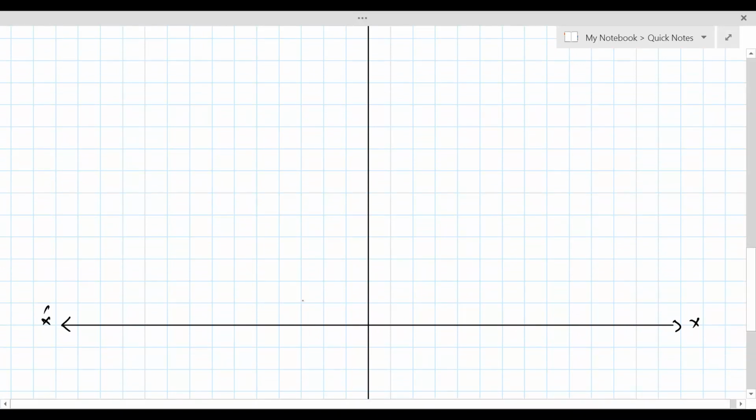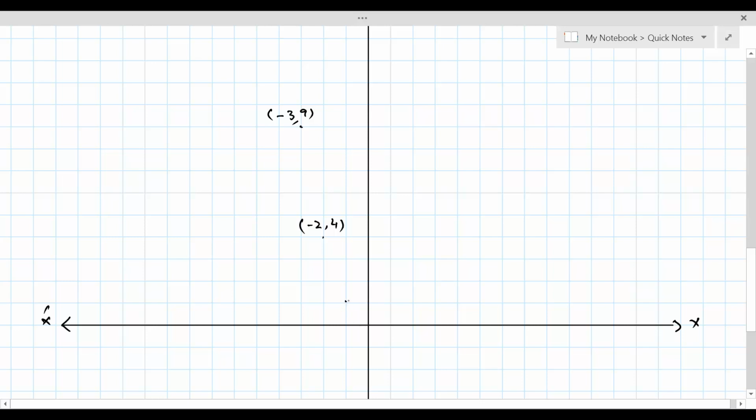So 1, 2, 3, 4, 5, 6, 7, 8, and 9. So this is the point -3 and 9. And next is -2, 4. -2 will go on left and then 4 upward. 1, 2, 3, and 4. This is -2, 4.